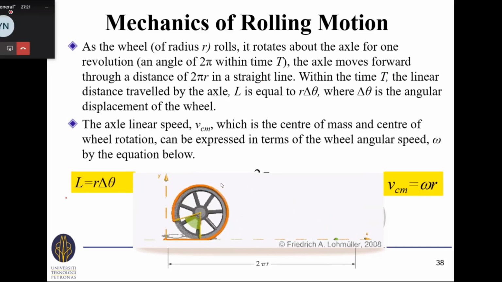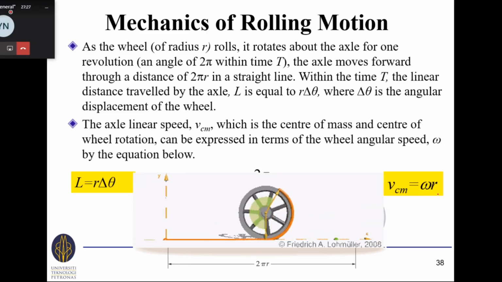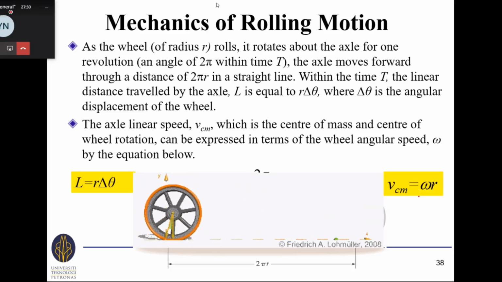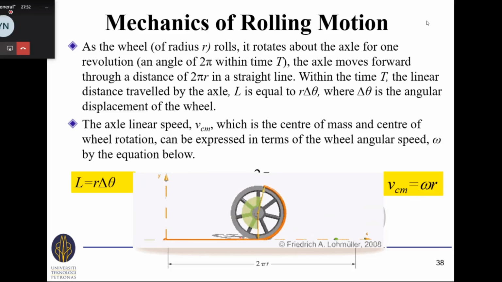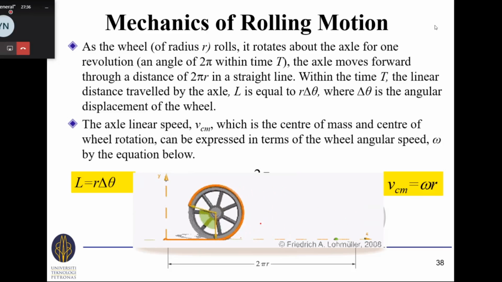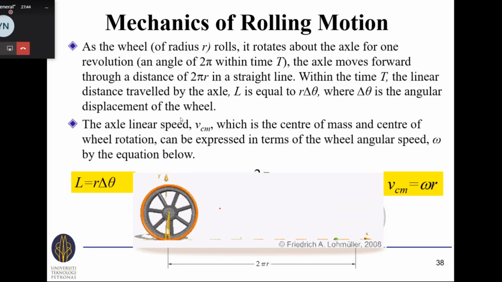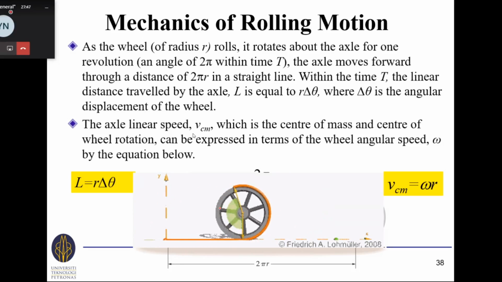You need to have the equation S equals R theta, and V equals R omega if related to angular speed and tangential speed. This is how you get the mileage in the car, and the bigger the radius of the tire, the more distance it will bring you when you complete one rotation.